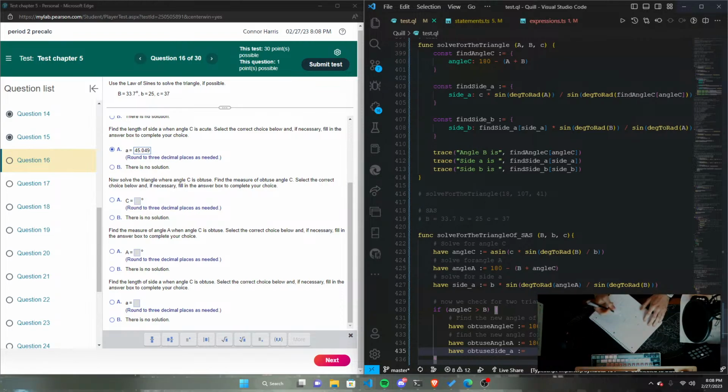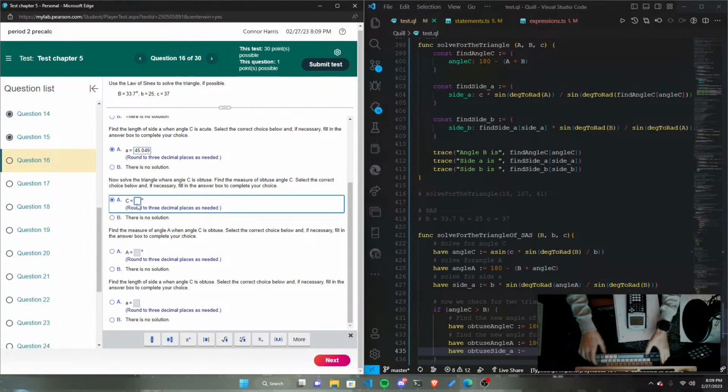So we solve for C, so we do 180 minus C. We have 180 minus 55.202. That would be 124.798, so our new angle is 124.798.